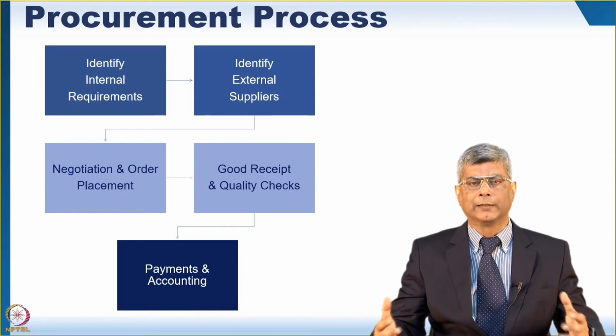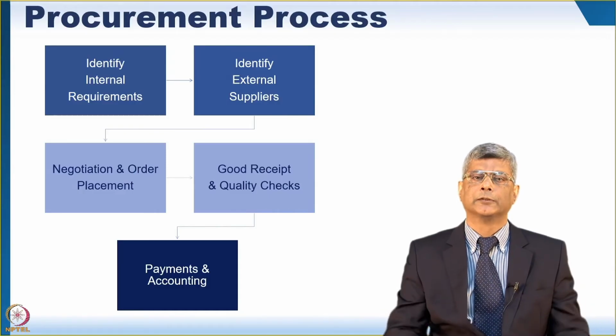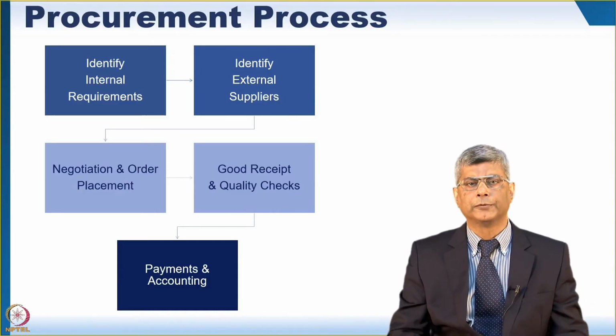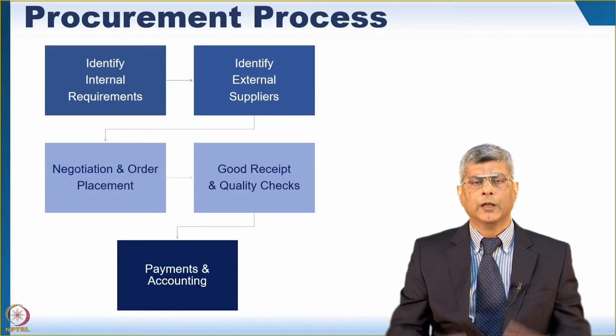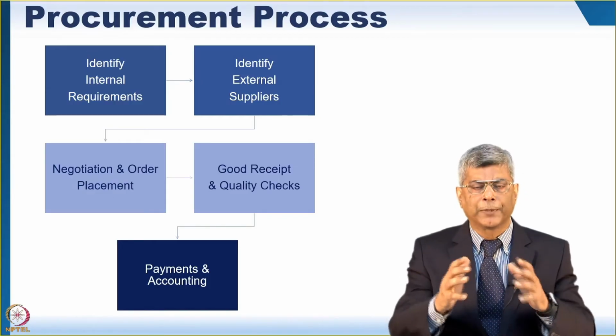If you're making some goods with metal, you may have to buy thousands of tons, truck full of material, ship full of material, aeroplane full of material. So it's a complex process.